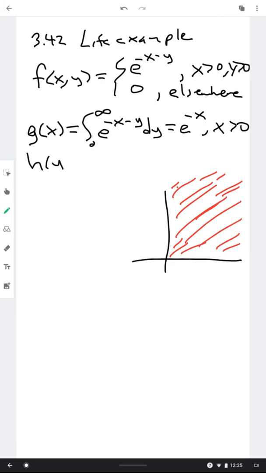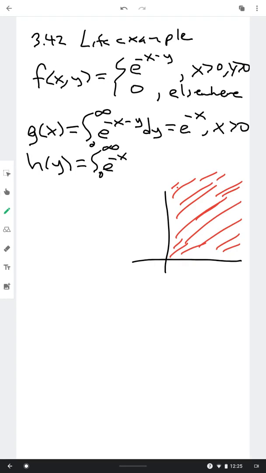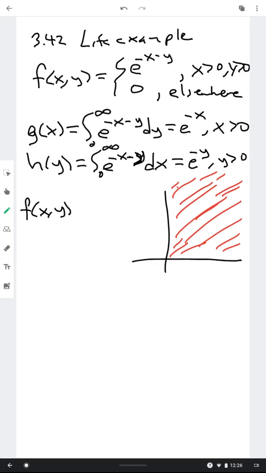H of y, I do the same thing. I integrate over the x's. I get e to the negative y, y greater than 0. And the question is, is f of x, y equal to g of x times h of y?